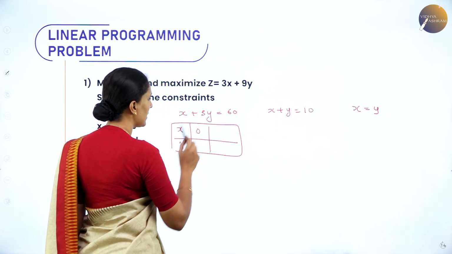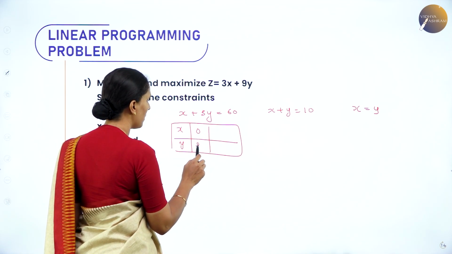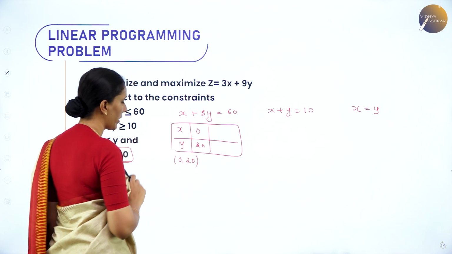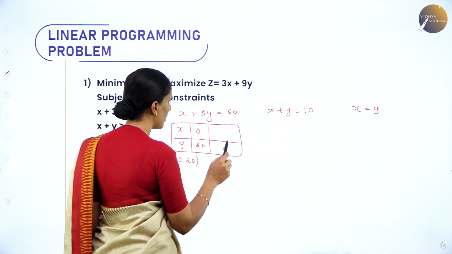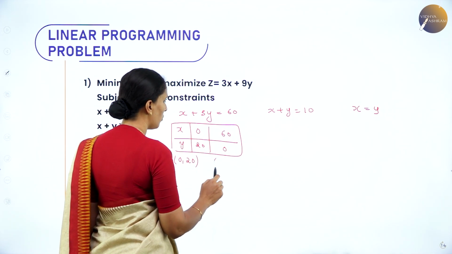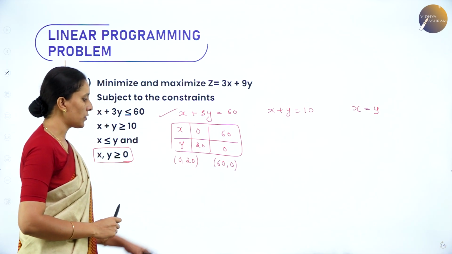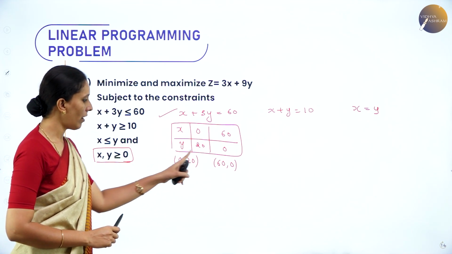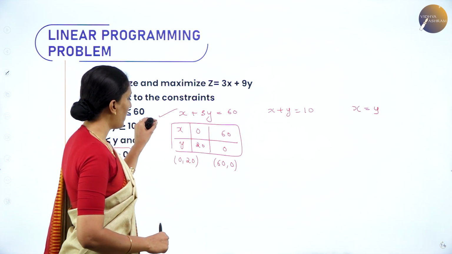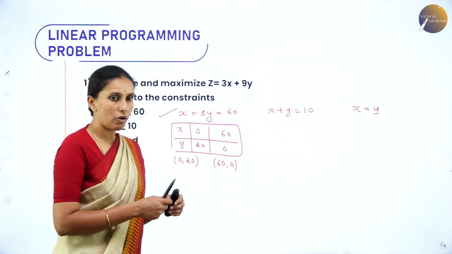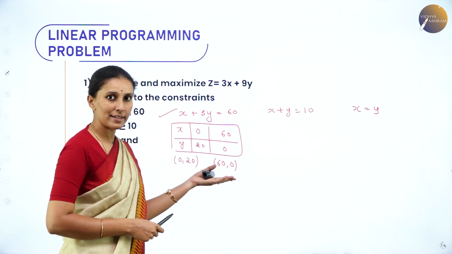We get 3y equals 60, so y will become 20. So 0, 20 is a point. Here I'll take y as 0, then I get x as 60. So 60, 0. To draw this line, we use the points 0, 20 and 60, 0. By taking x and y as 0, we can easily find the other variable, so I always prefer taking x as 0 and y as 0.